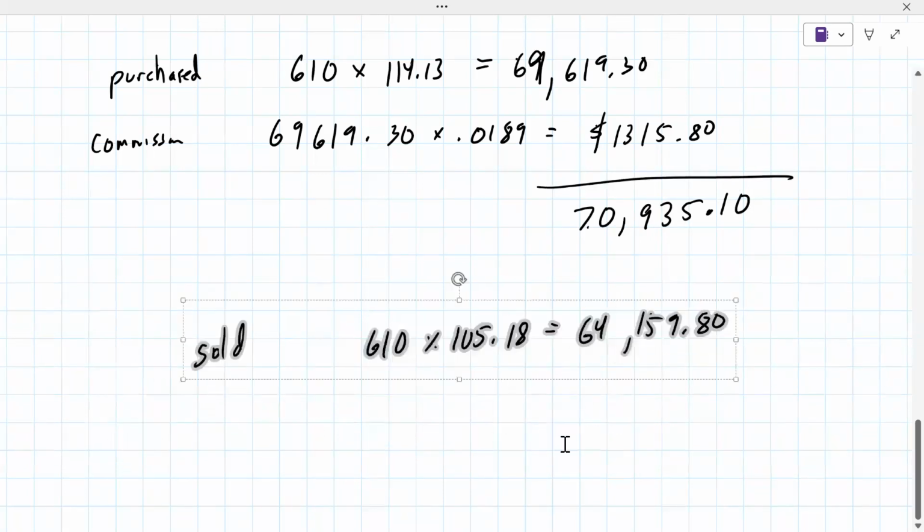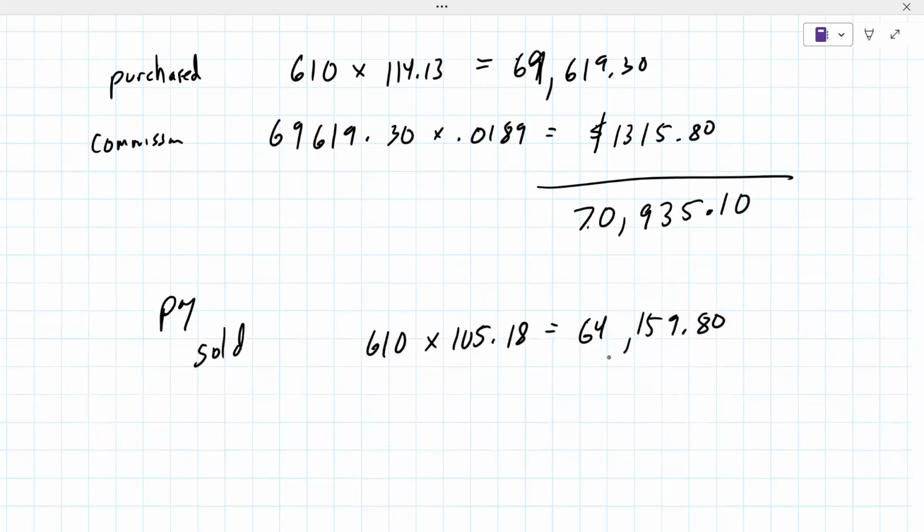Now when he or she sells it, they get this amount of money, but they have to pay commission again. That's $64,159.80 times the selling commission, 0.61%. That gets added in, and then you subtract this out.